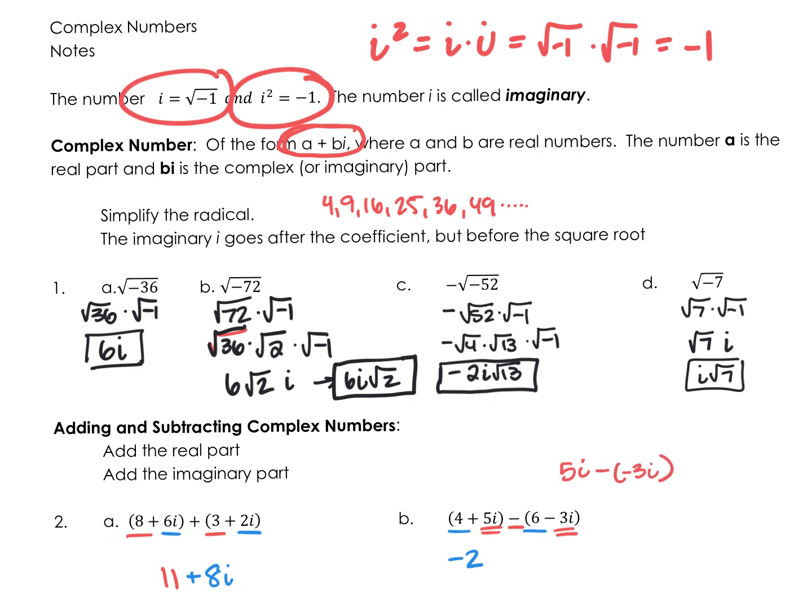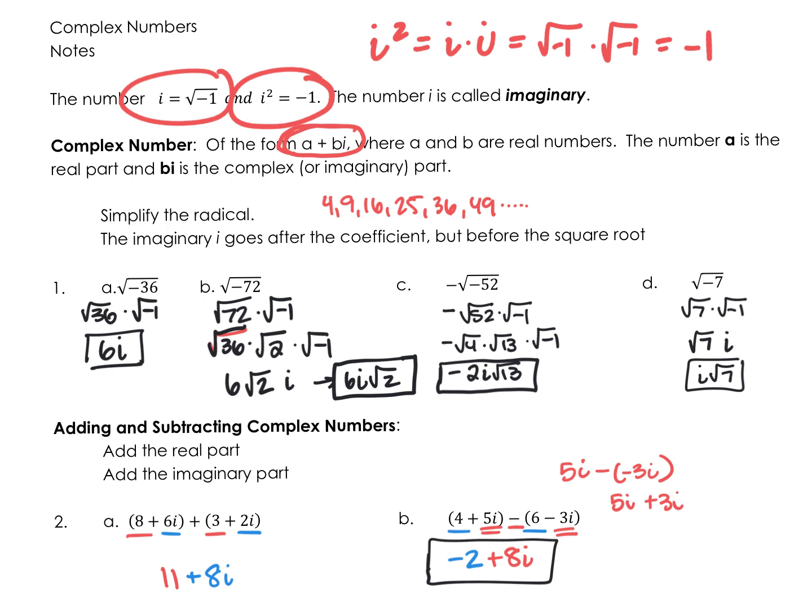And when I do 5 minus a -3, that's going to become a 5 plus 3, right? So this becomes 5i plus 3i. So this should be 8i. If you had a 2 there because you were thinking 5 and -3, you either put your negative at the end or you forgot that you were subtracting. Okay? Any questions on B? Pretty simple, right? Nothing really that new.